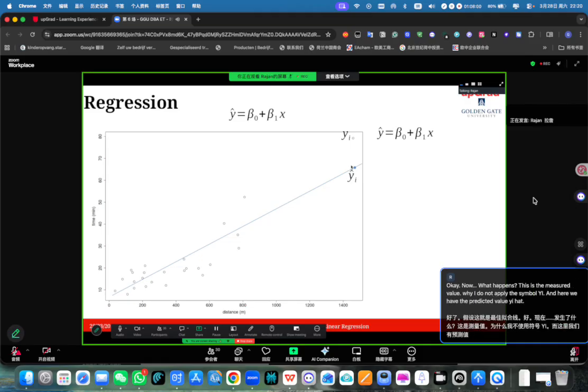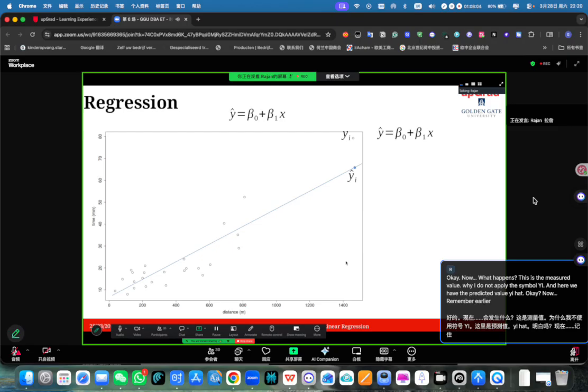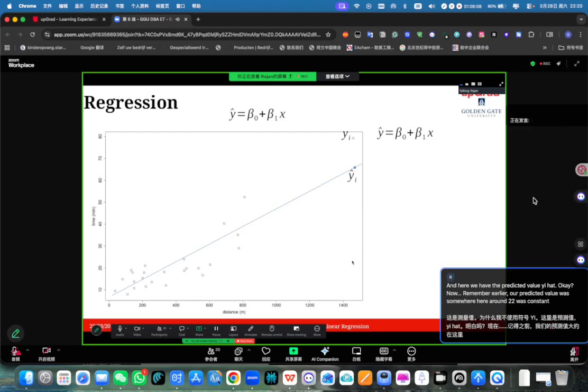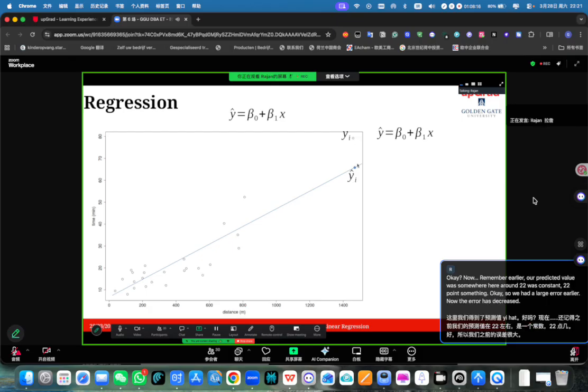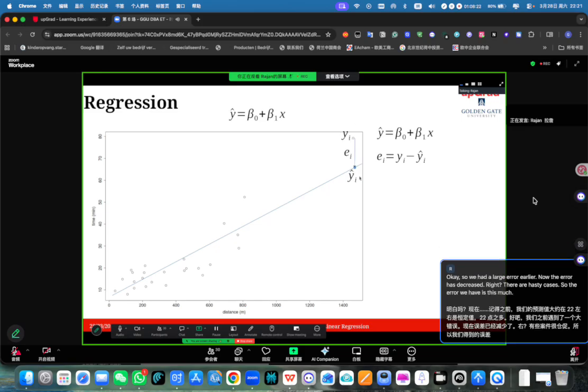Remember earlier, our predicted value was constant, around 22 point something, so we had a large error earlier. Now the error has decreased. So the error we have is this much: yi minus yi hat. Actually, the arrow should be the other way around.